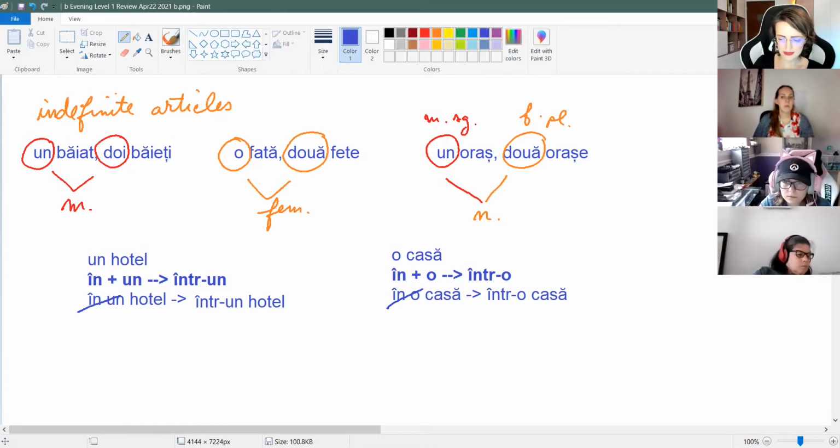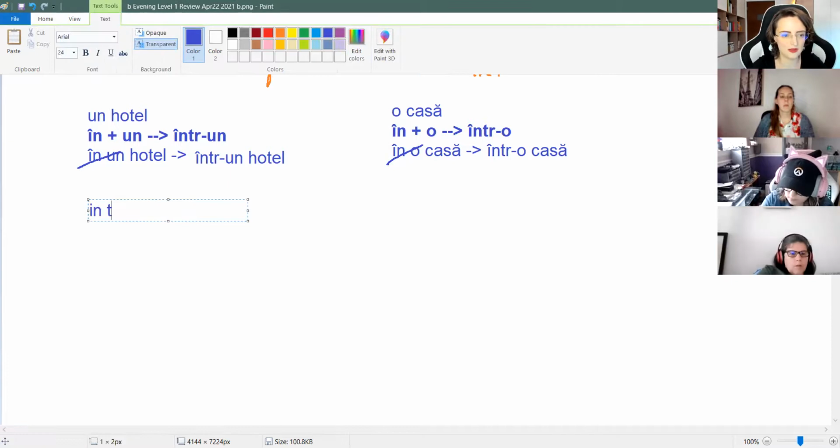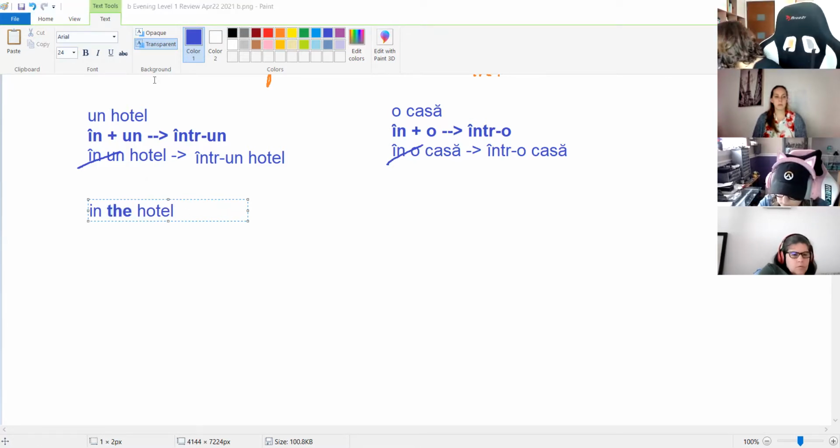What if you want to say in the hotel? Într-un hotel? No, because that's in a hotel. Un means a, but now you have the, so you know exactly what hotel it is. Hotelul?